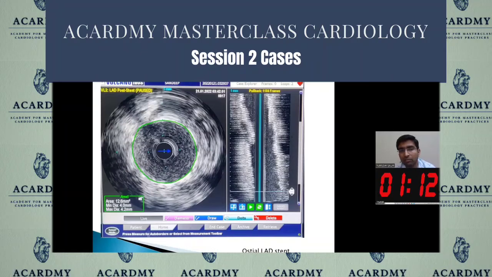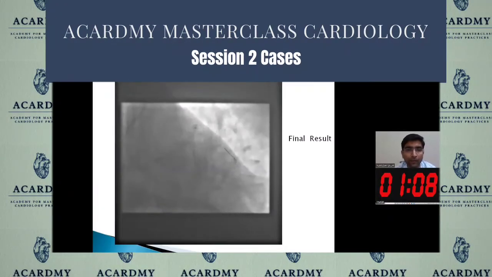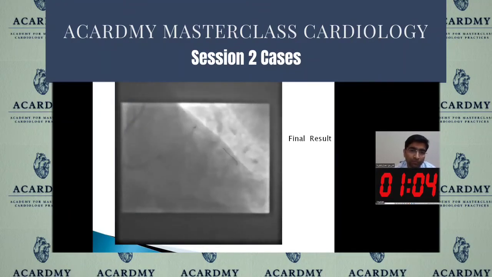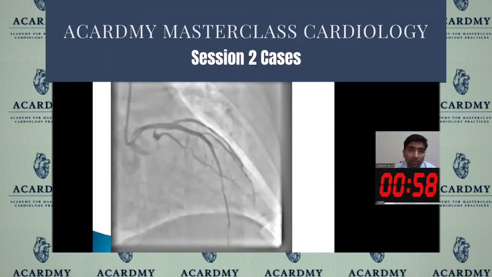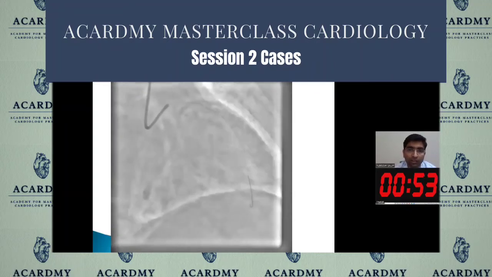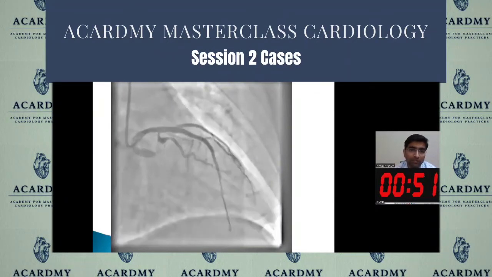So there is hardly 1.3 to 1.4 mm protrusion of struts in the left main. So this was the final epi-caudal view. There was no compromise of the left circumflex. The cranial view was also well tackled. Good antegrade TIMI 3 flow is achieved.